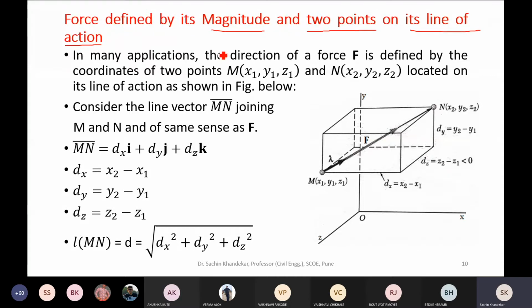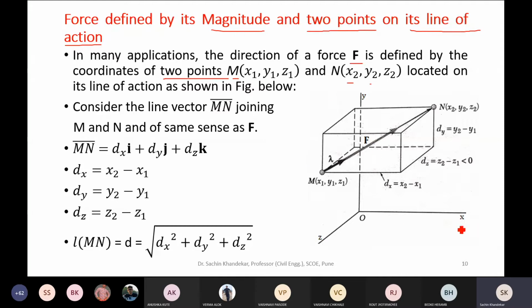In many applications, the direction of a force F is defined by the coordinates of any 2 points, M, whose coordinates are, say, x1, y1, z1, and N, whose coordinates are, say, x2, y2, z2, which are located on its line of action as shown in the figure below.